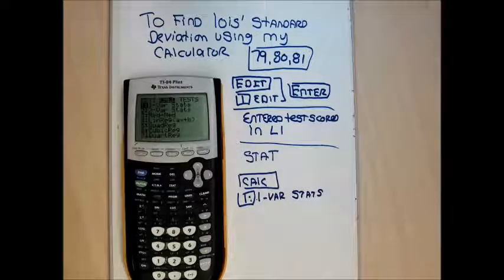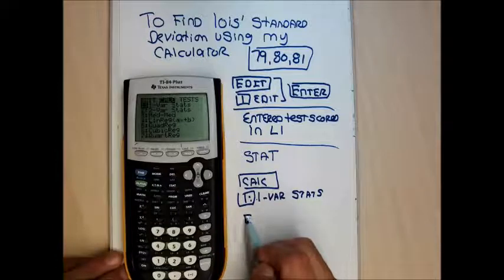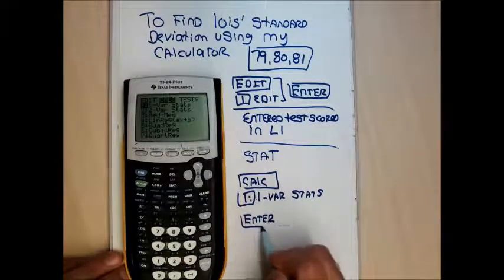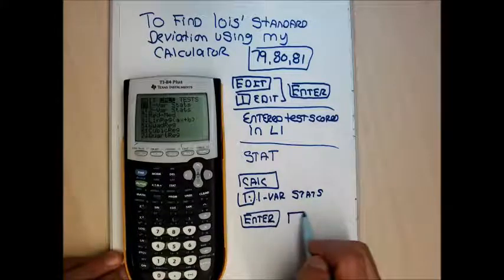If you can get your calculator to have that, the calc in the middle and the 1 variable stats on the left, you're going to hit enter twice, assuming you have your data in list 1. So I'm going to hit enter once and enter twice.